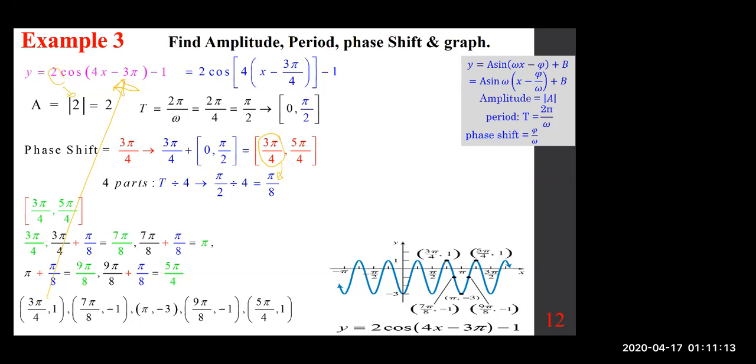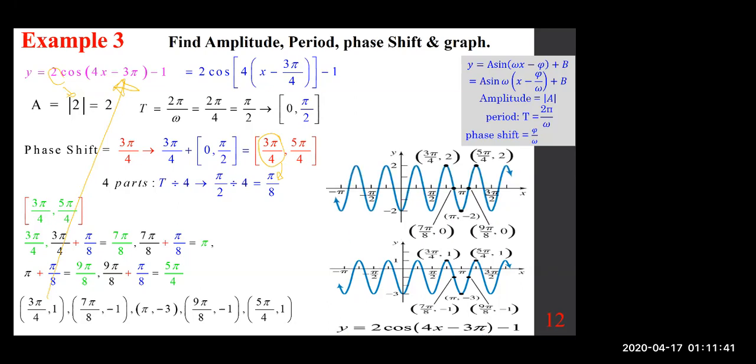Cosine of 0 is 1, times 2 is 2, minus 1 is 1. So this is how you get the first pair. You can put 7 pi over 8 and calculate it and the rest of it. All you have to do, plot 5 pairs, class. 5 pairs. These are the 5 pairs.